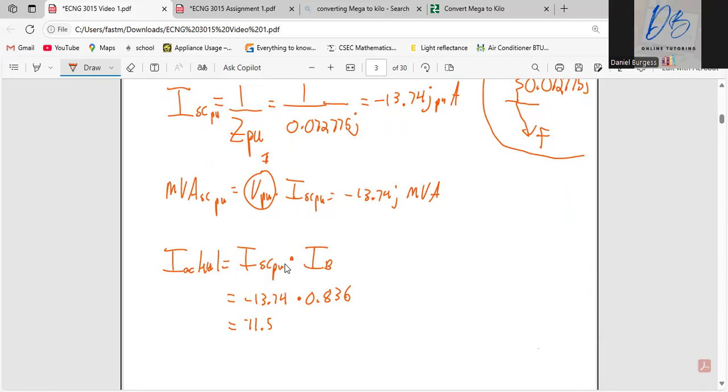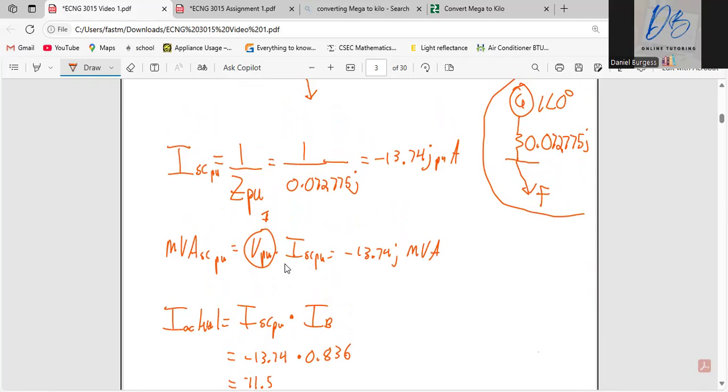I think this was, let me see, 1 divided by 0.0727775. Yeah, pretty many. Anyway, yeah.